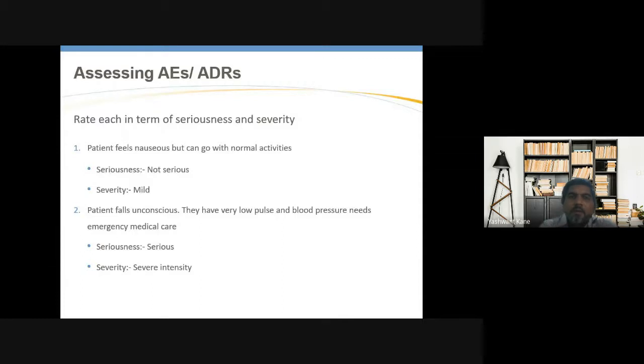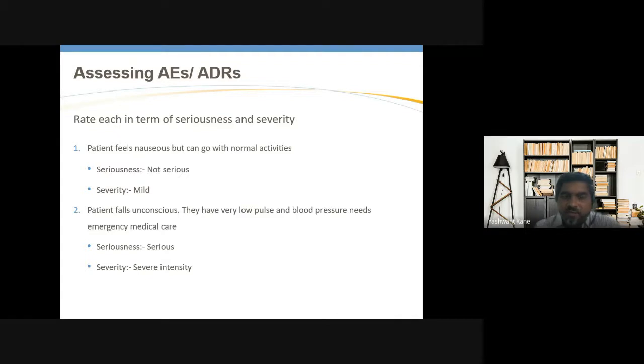Okay, can you tell me: the patient feels nauseous but can go on with normal activities. Should it be serious or non-serious? Answers are in front of you. You can just unmute and express yourself. No. Right, so it's not serious.